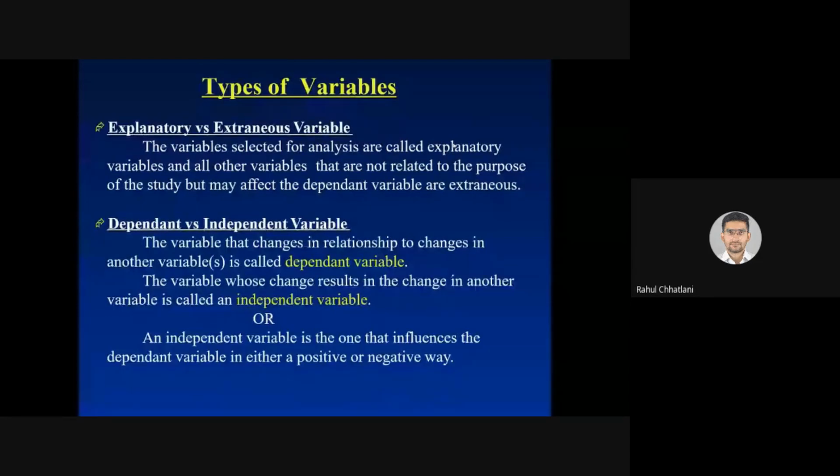You let me know what is dependent, what is independent. Effect of virtual reality rehabilitation on balance and coordination improvement in stroke patient. What is the independent variable here? Balance and coordination. No, that is dependent.